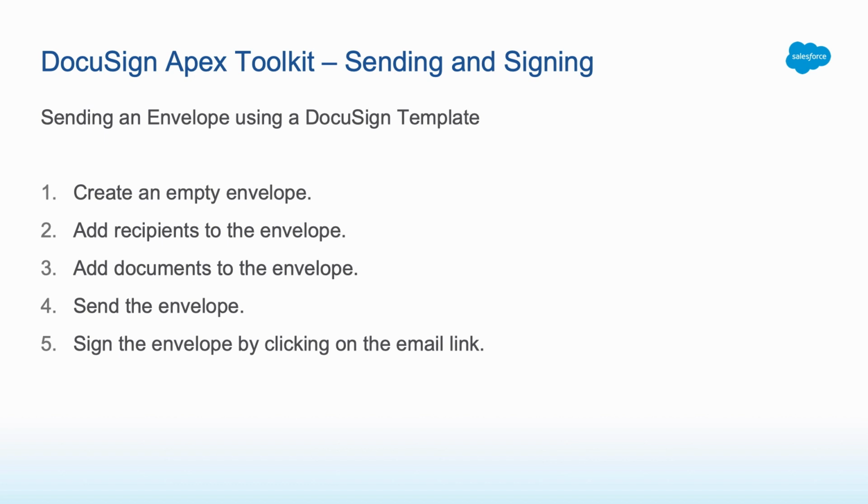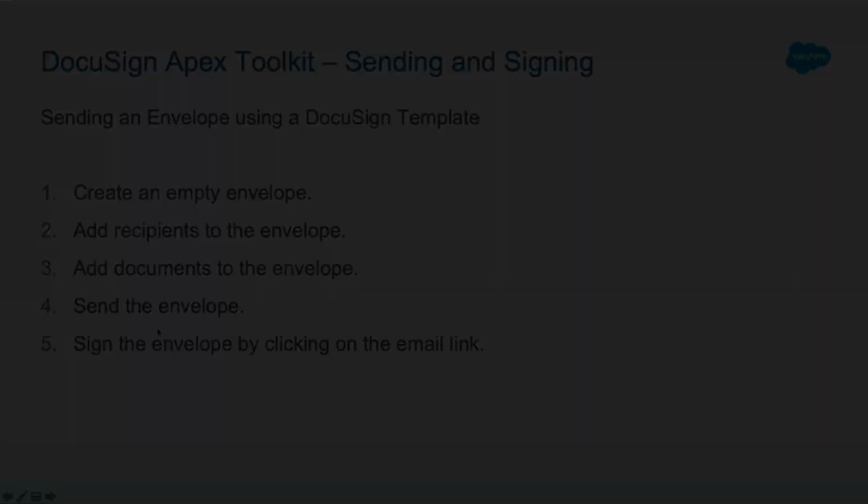So our flow for today's demo is to create an empty envelope. Then after creating the envelope, as I showed you earlier, we'll add some recipients and then a document into it. Once that is ready, we are going to send the envelope, and everything will be done using Apex Toolkit through Apex Code. So these are the steps we are going to follow in our example. Let's get back to the example.